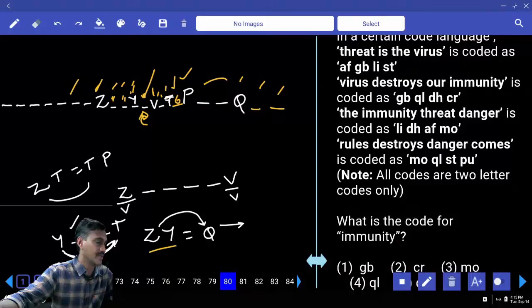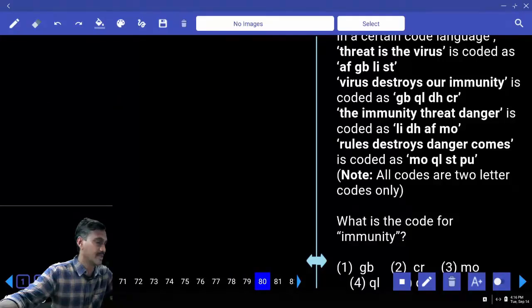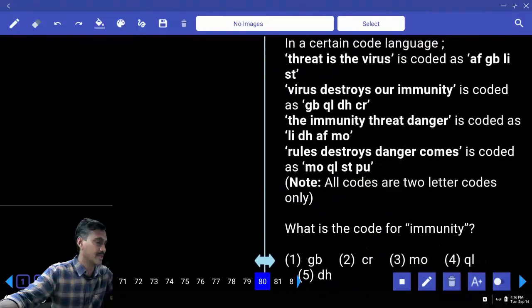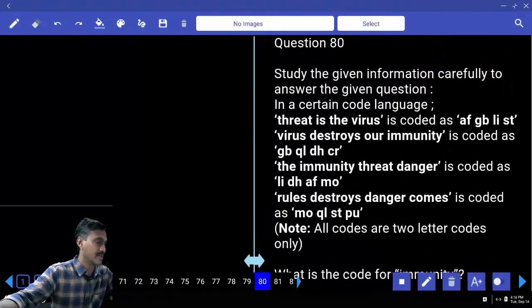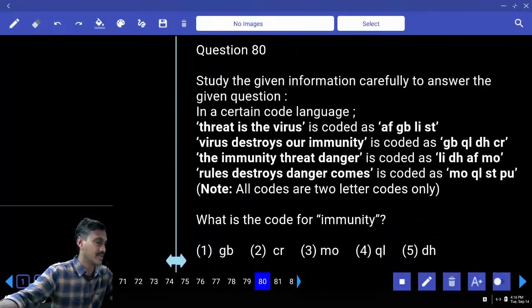Now this coding and decoding, how many questions were given under this one? 4 questions, 80 to 83. Now if you compare these two, 77 to 79 and 80 to 83, which is easier? ఇప్పుడే మనం చేసాం 77 to 79 లో మనకి certain number of persons ఉంది.